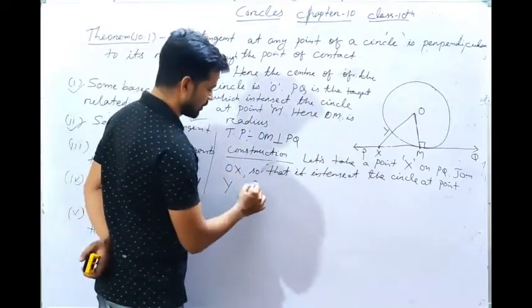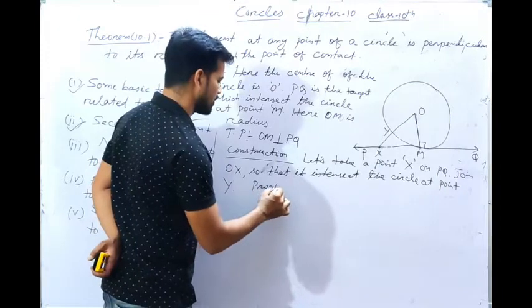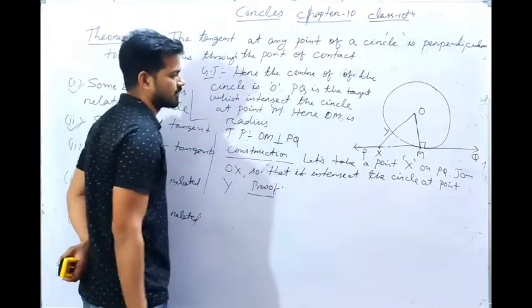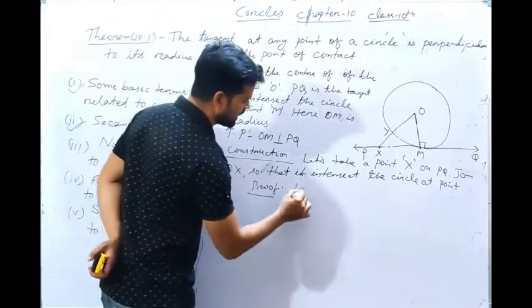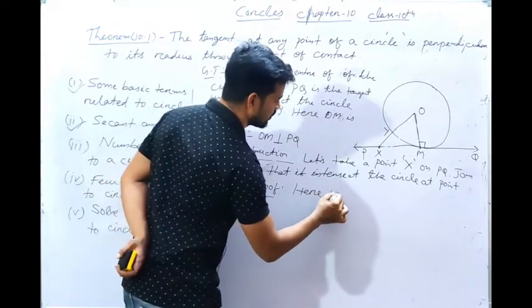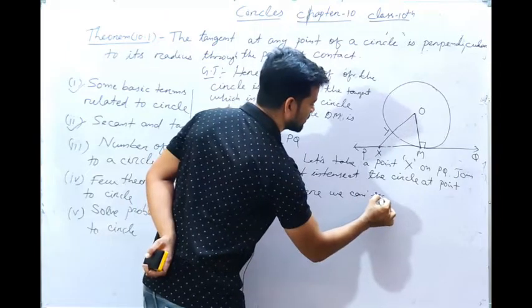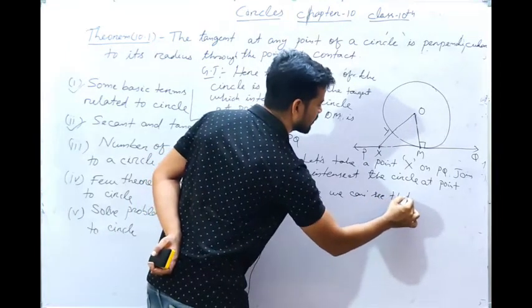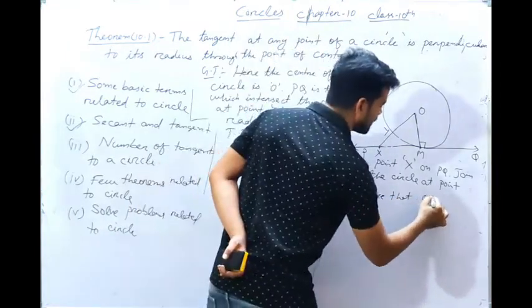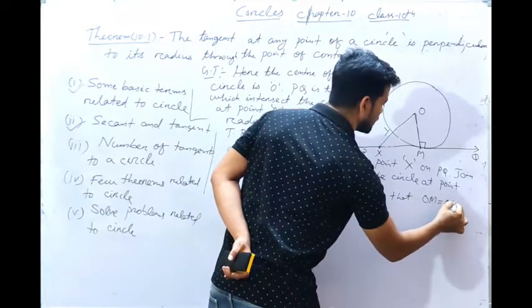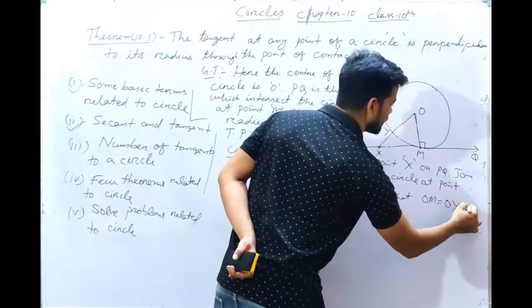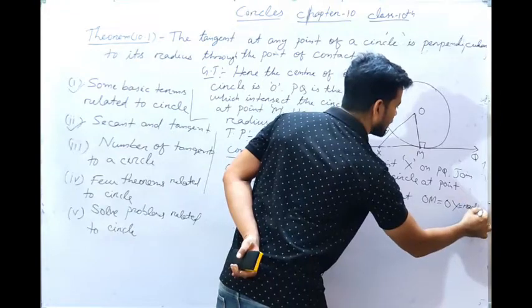Now we have to prove. Let us start. In this case, we can see that OM is equal to OY, which is equal to the radius.